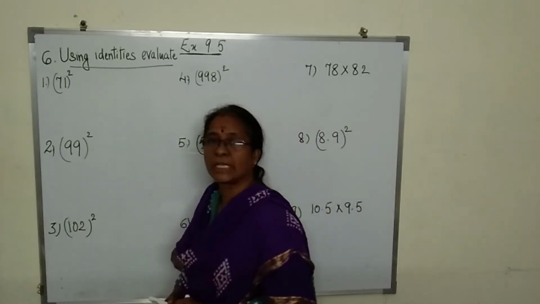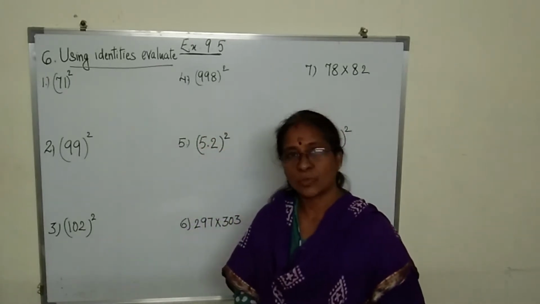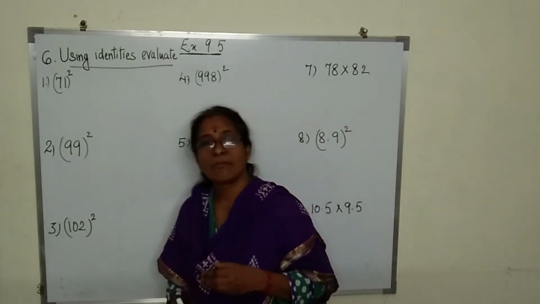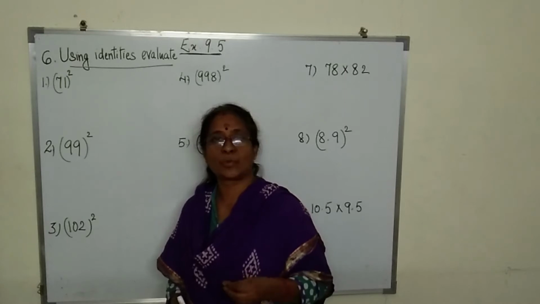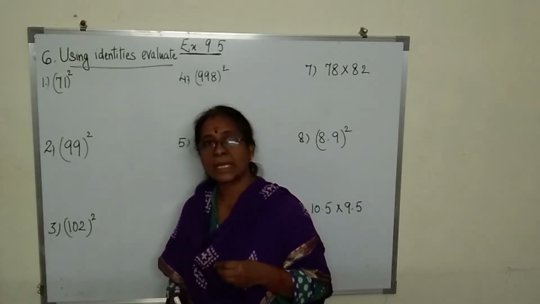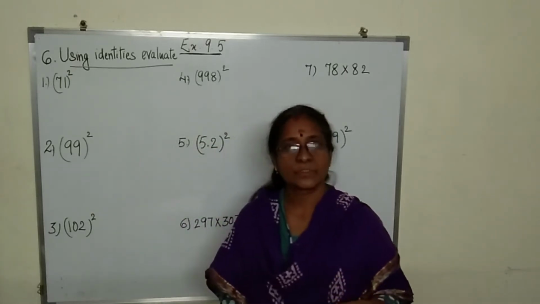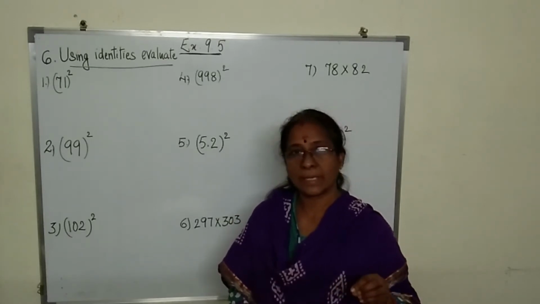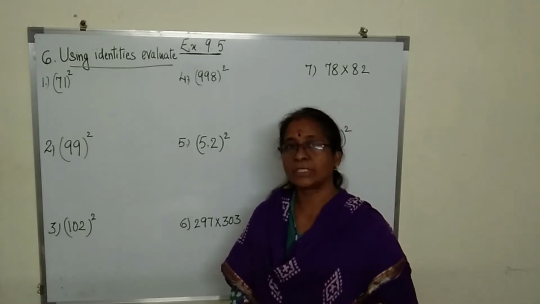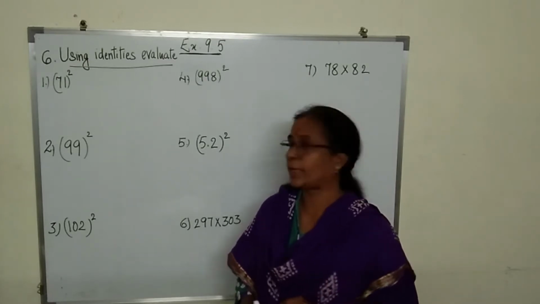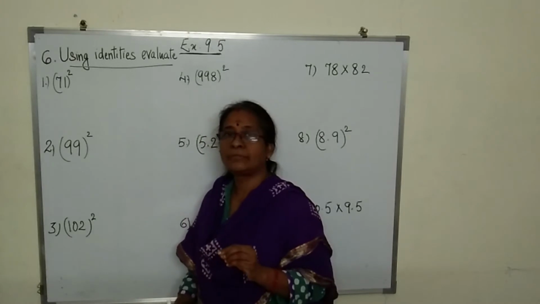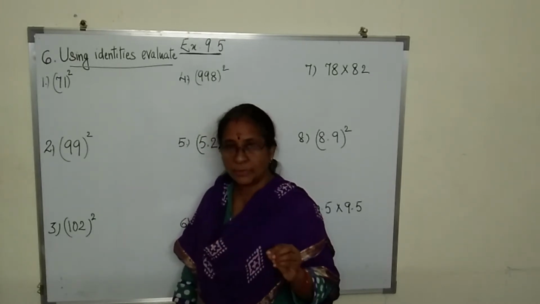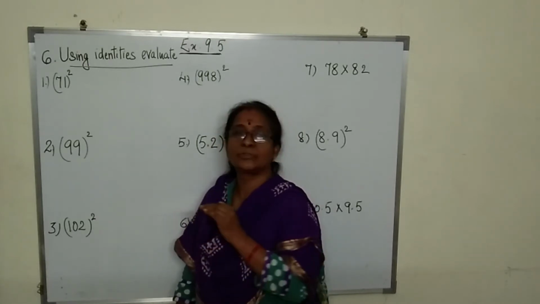The first question is 71 square. See children, when you find the squares of 10, 20, 30, that means the numbers which end with 0, it will be easy to find. So whenever you get numbers, to find their squares, the first thing you have to do is think of a number which is ending with 0 and is nearer to the given number.